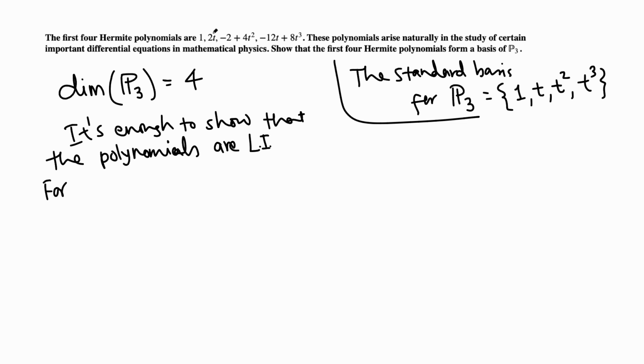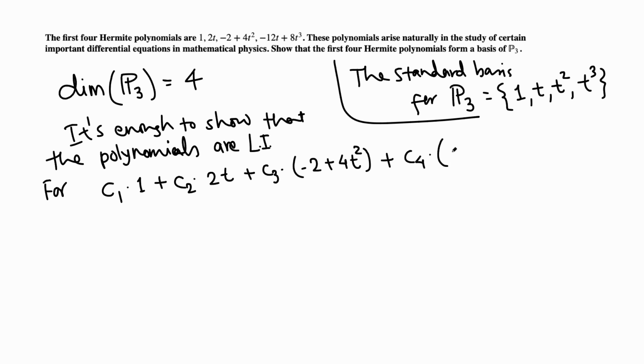We write a linear combination of these 4 polynomials equal to 0. So let's say c1 times 1, plus c2 times 2t, plus c3 times negative 2 plus 4t squared, plus c4 times negative 12t plus 8t cubed, equals 0.